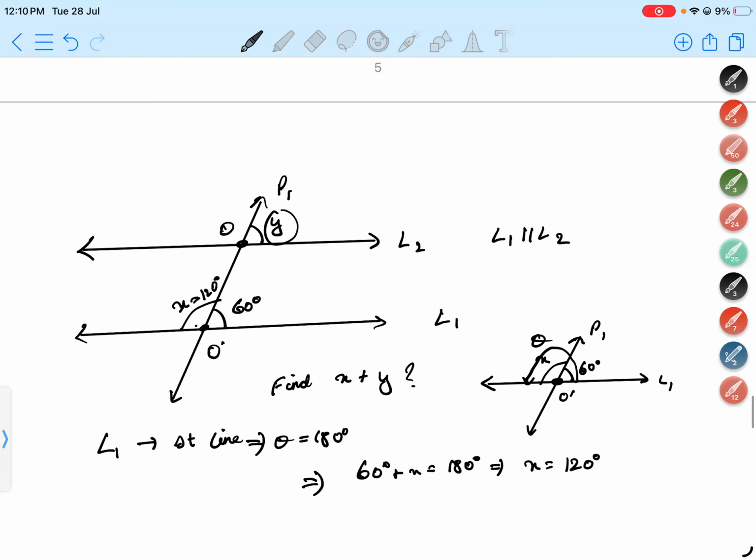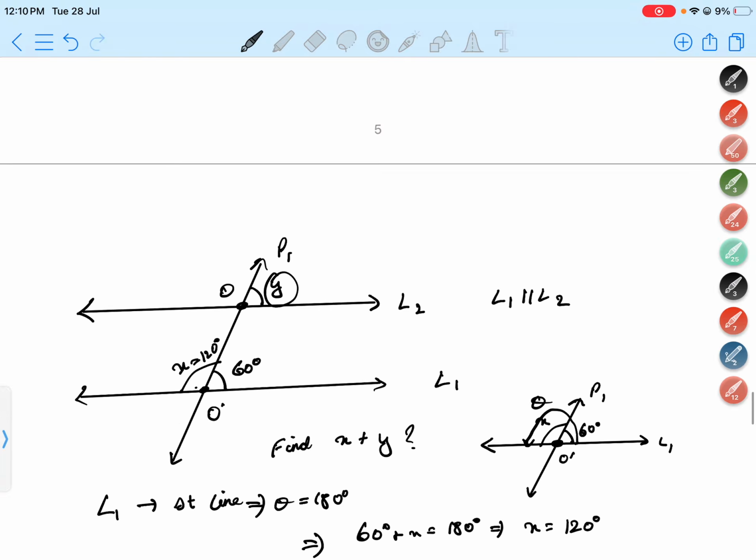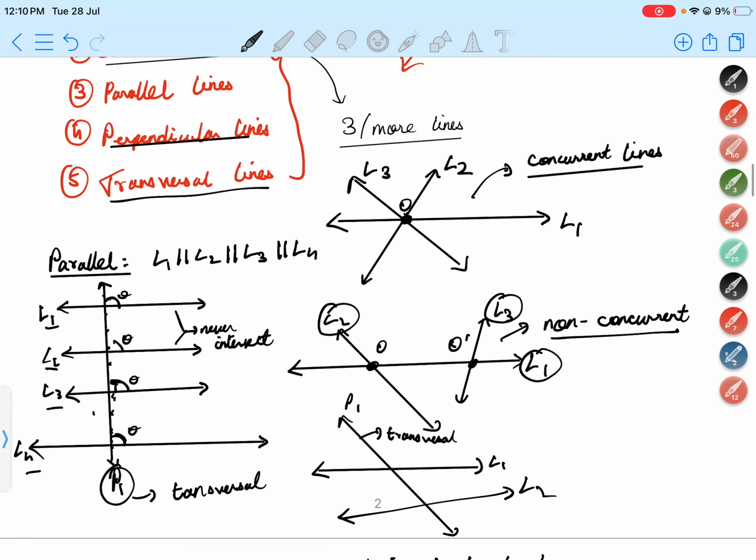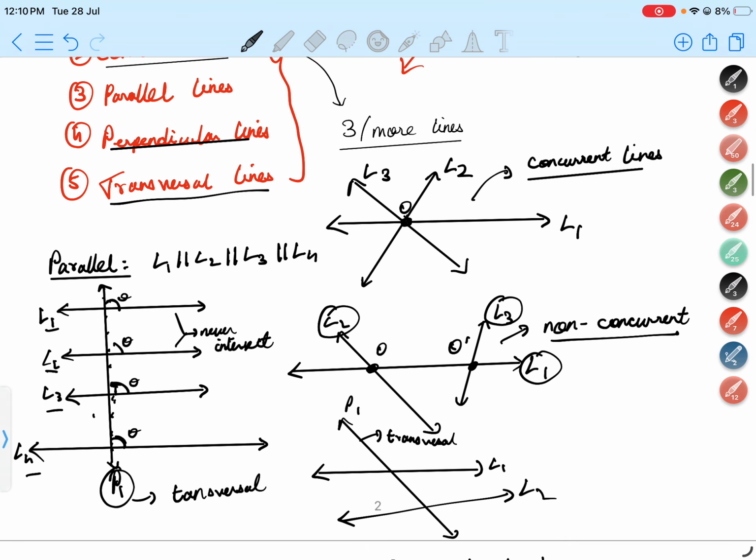So what about this Y then? If you remember, when I was explaining parallel lines to you, I told you that if these lines are parallel and there is some transversal line over here, then these angles are equal to each other, and these angles which are equal to each other are known as corresponding angles, because they are present on corresponding sides, corresponding lines which are parallel to each other.